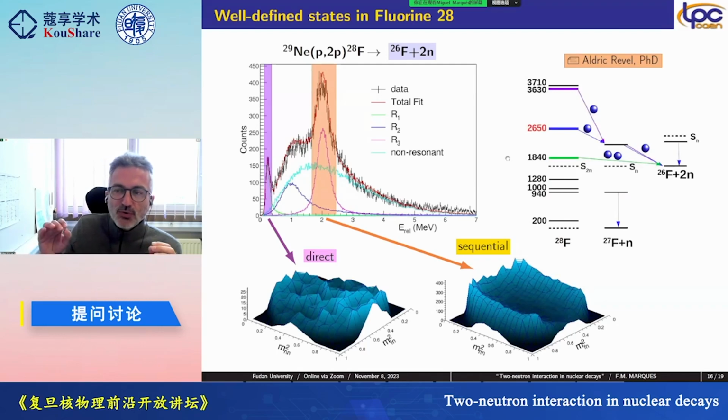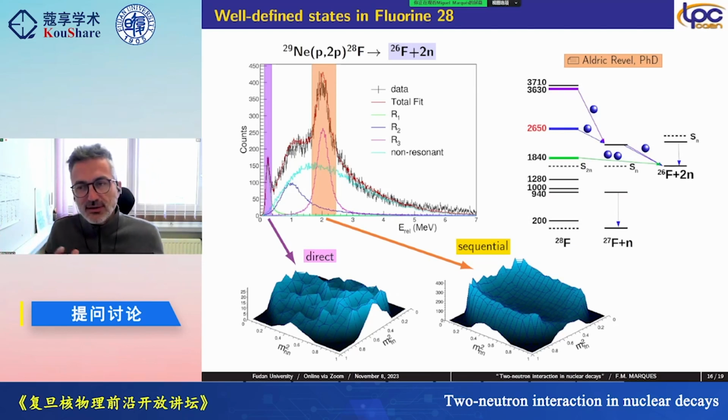We know the percentage of 1 neutron decay, the percentage of 2 neutron decay, and when there is 2 neutron decay, we know the percentage of direct and of sequential. So I think this is a very complete experimental picture of the states. So it could be interesting to take a closer look at the structure of these states.